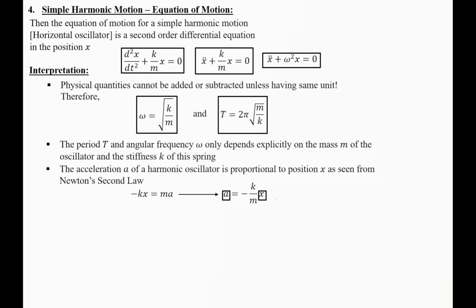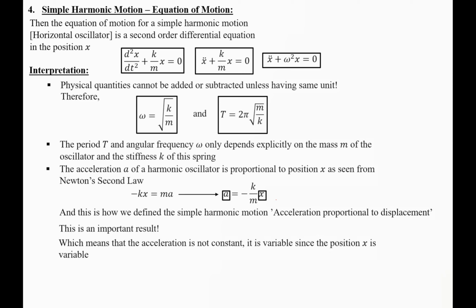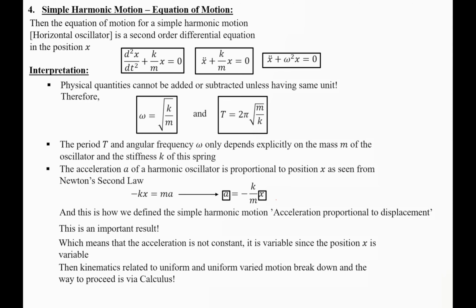For this reason, this is a simple harmonic motion, and this is how we define it: acceleration is proportional to displacement. This is an important result, which means that the acceleration is not constant, it is variable. Since the position x is variable, don't think about kinematics here. You can only think about calculus. Kinematics related to uniform and uniformly varied motion breaks down, and the way to proceed is only via calculus.